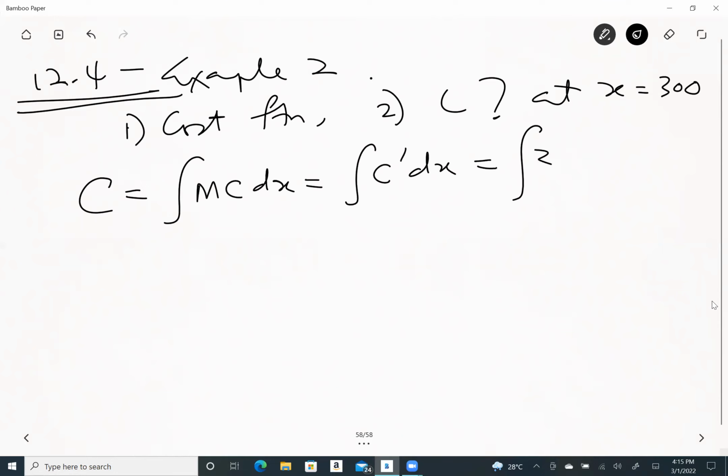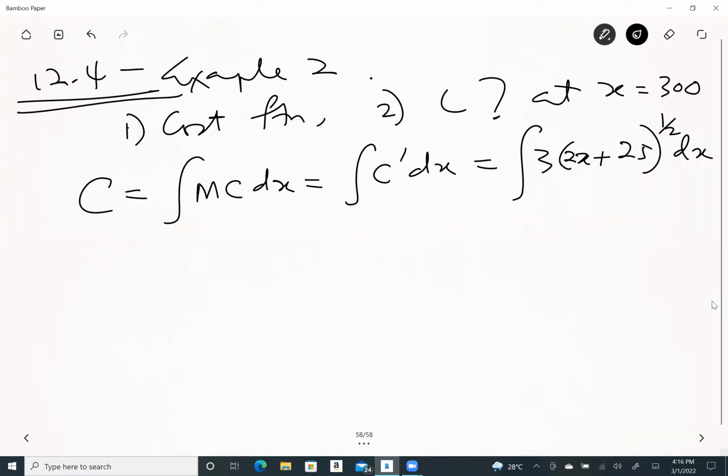Okay, so I got 3x, 2x plus 25 to the power of half. So that is the marginal cost.